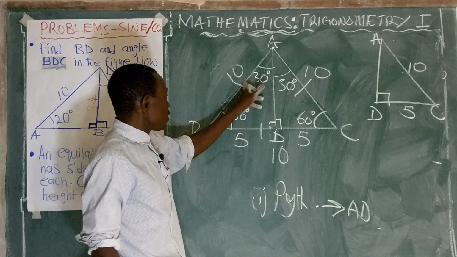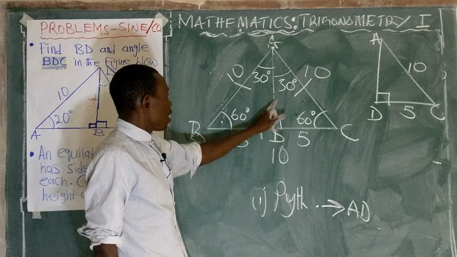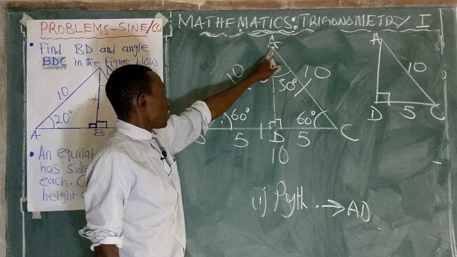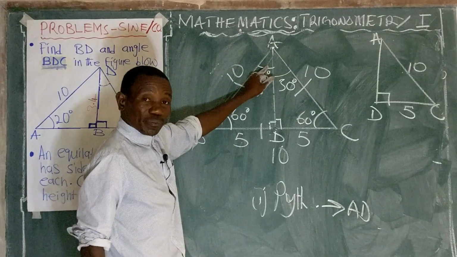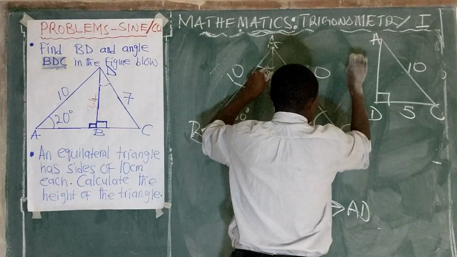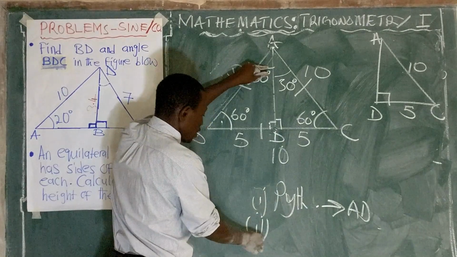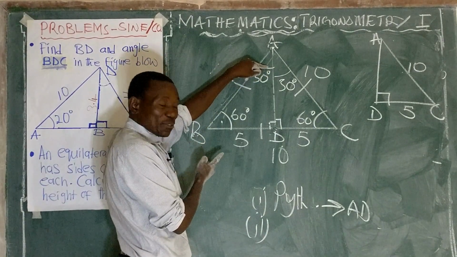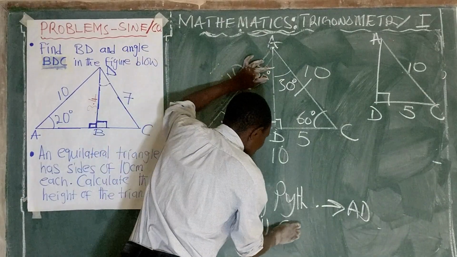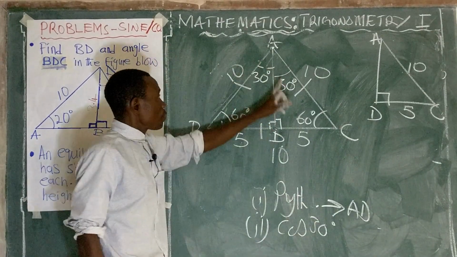So if you use the adjacent side and the hypotenuse in relation to this angle, you can use the cosine. So here you can use the first one, Pythagoras; secondly, from this, by realization of the properties of the equilateral triangle, you can use the cosine of what? 30 degrees.